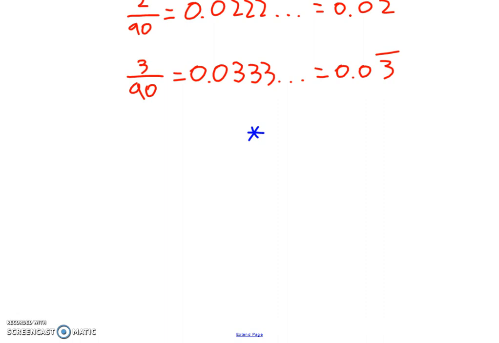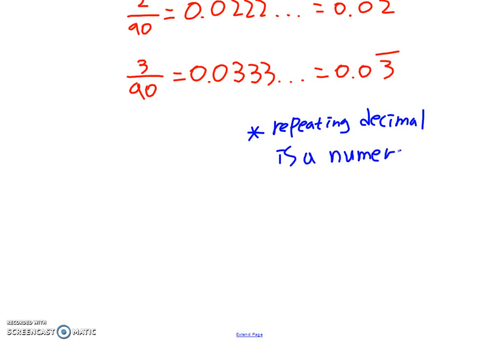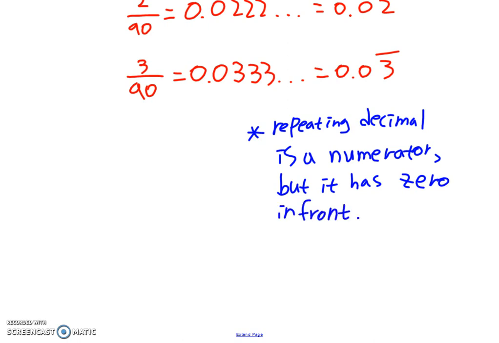The explanation that is acceptable in this situation is: the repeating decimal is the numerator, but it has 0 in front. Or students can write down that whatever the numerator is, it is a repeating digit in the 100th place instead of the 10th place of the decimal.